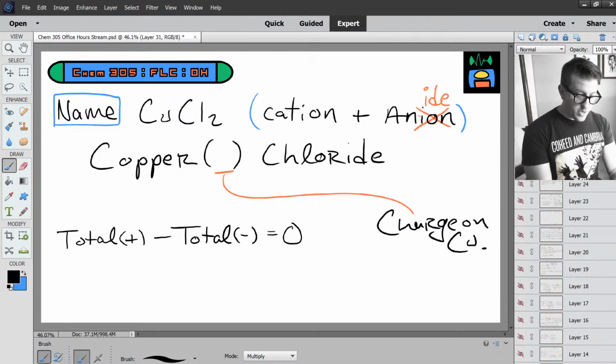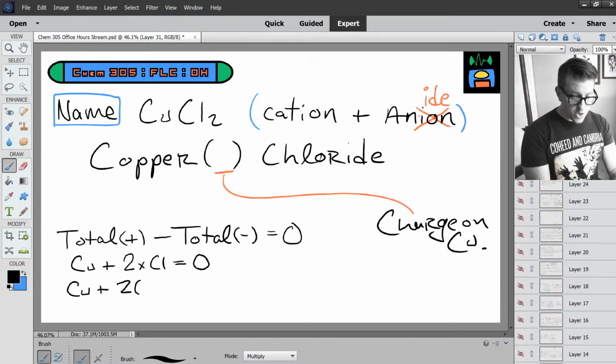In this compound, we don't know the charge that copper has. But we know that we have 2 chlorides. Chloride has a charge of -1. We know this from looking at the periodic table. So copper plus 2 times the charge on chloride equals 0.